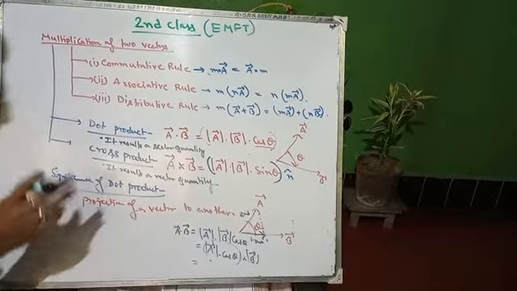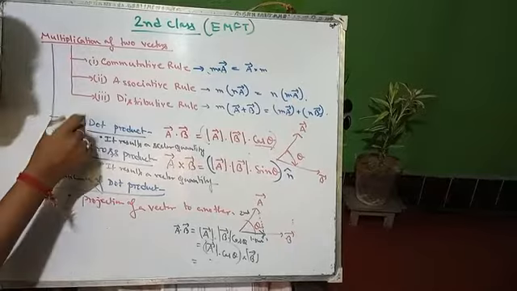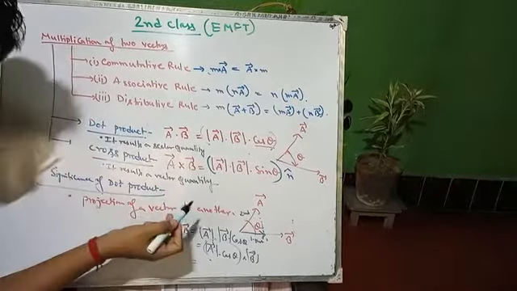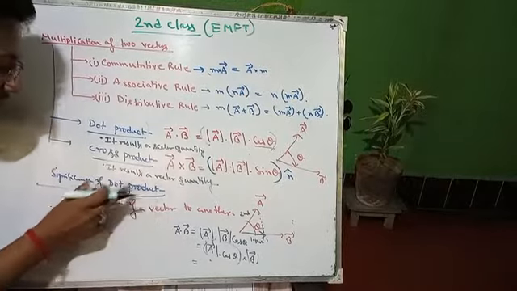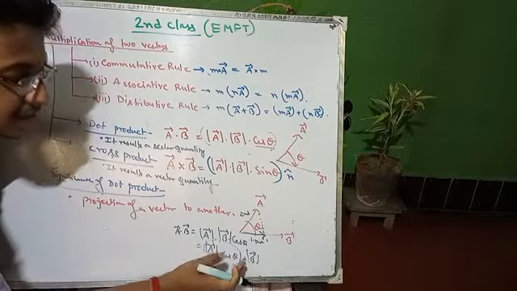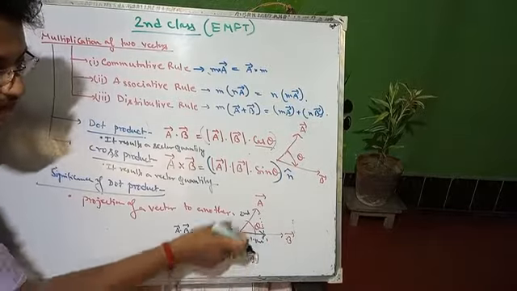Always remember, dot product is also called the scalar product of vectors. So dot product represents a scalar quantity. Why? Because it is just a multiplication of these two magnitudes.